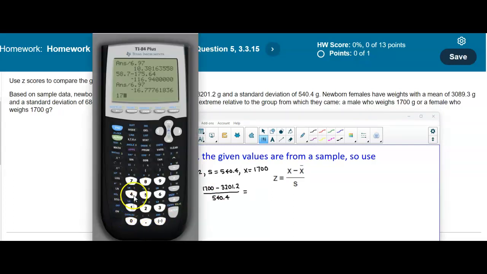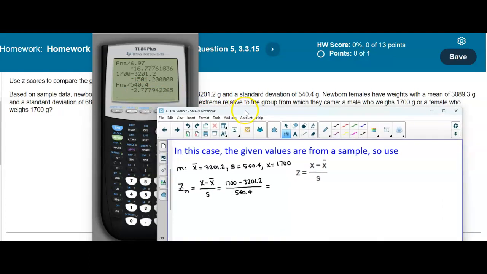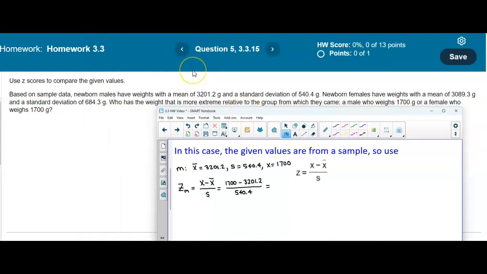We have 1,700 minus 3,201.2, and then divide that by 540.4. Rounding that to 2 decimal places gives us negative 2.78.